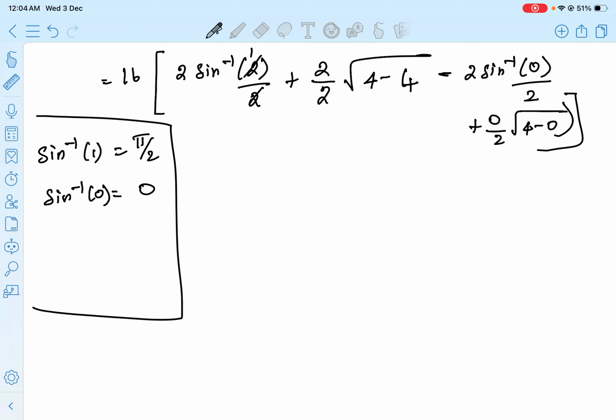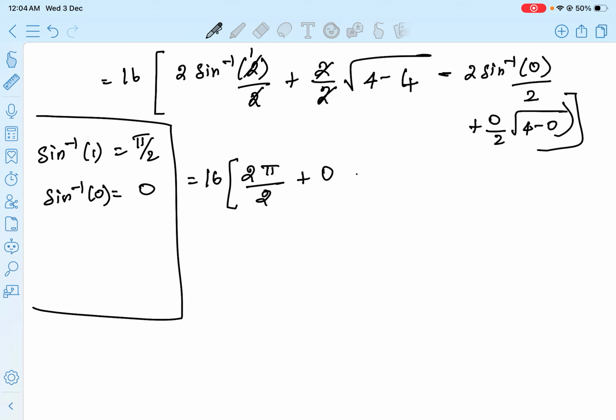This one is 0. So we have 16, 2 into sine inverse of 1, which is pi by 2. So 2 into pi by 2, plus this is 1, this will become 0.